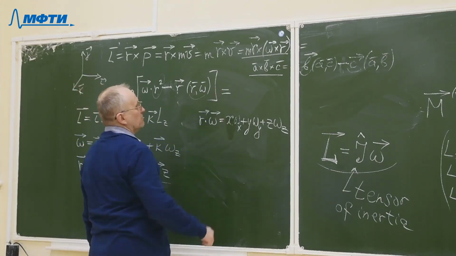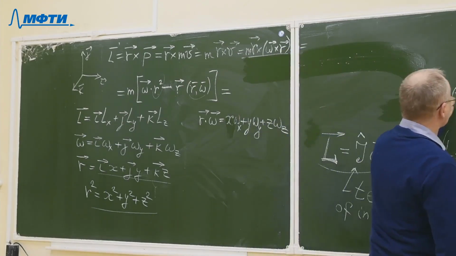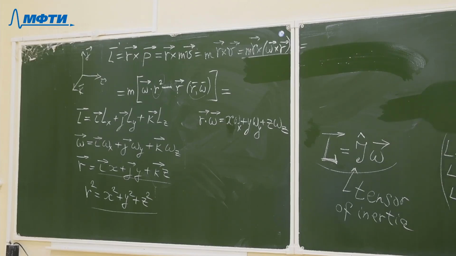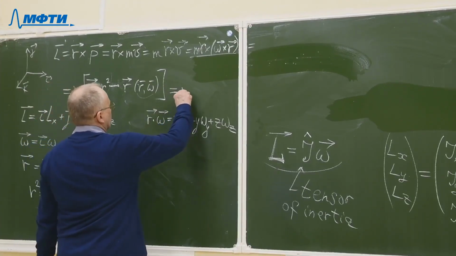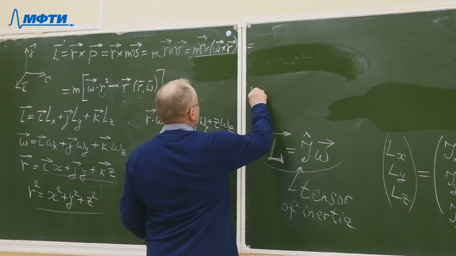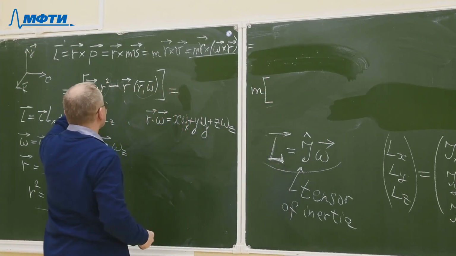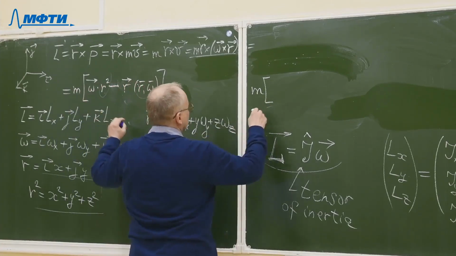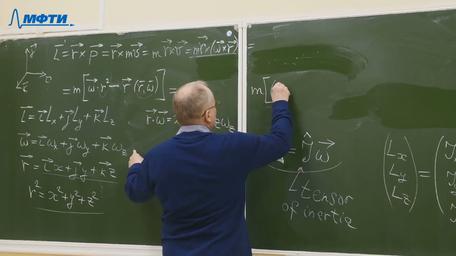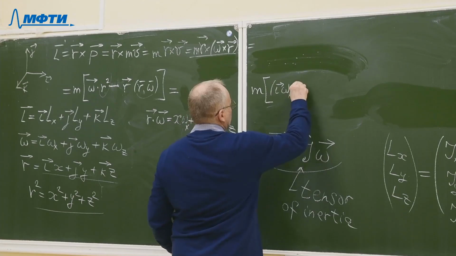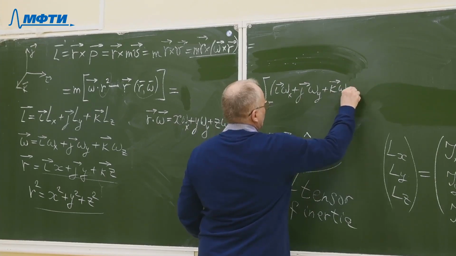And then this formula will give you the following thing. That will give you m multiplied by vector omega, which is known to us, that is i omega x plus j omega y plus k omega z.